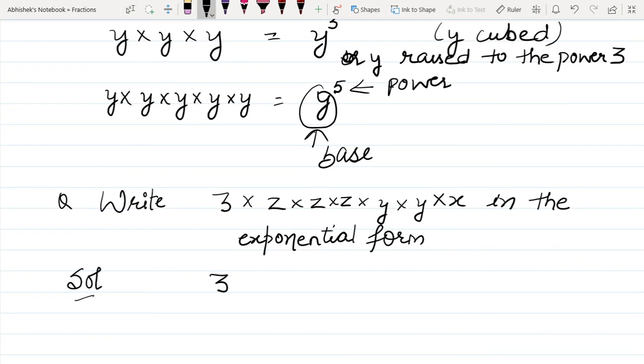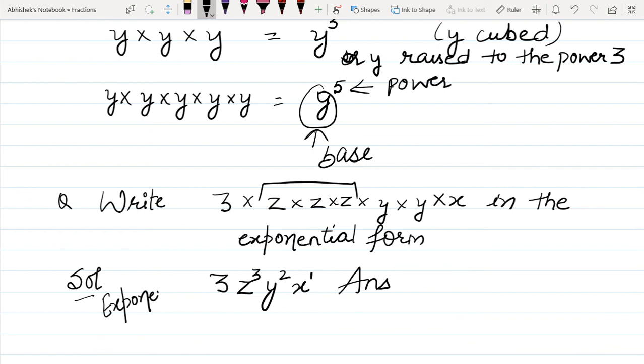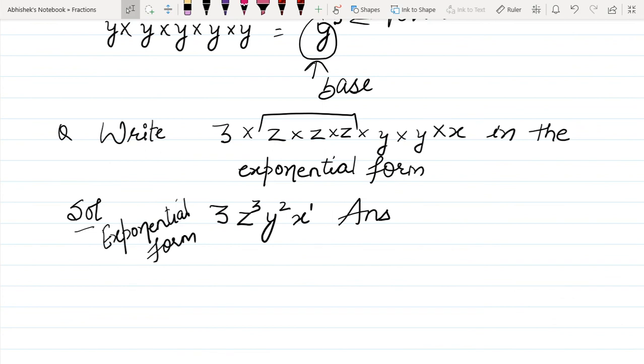Here 3 remains as it is. How many times does z come? It's 3, z raised to power 3, y raised to power 2, x raised to power 1 only, because here z is 3 times, y is 2 times and x is 1 time. So we can write it in this way. This is exponential form.